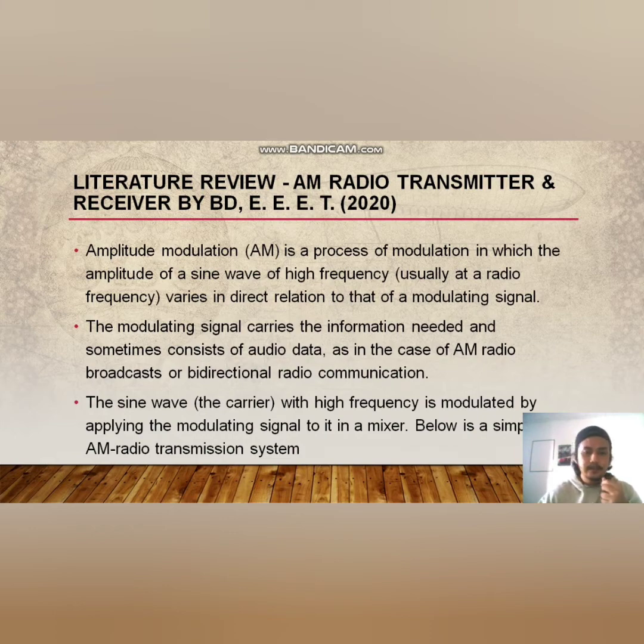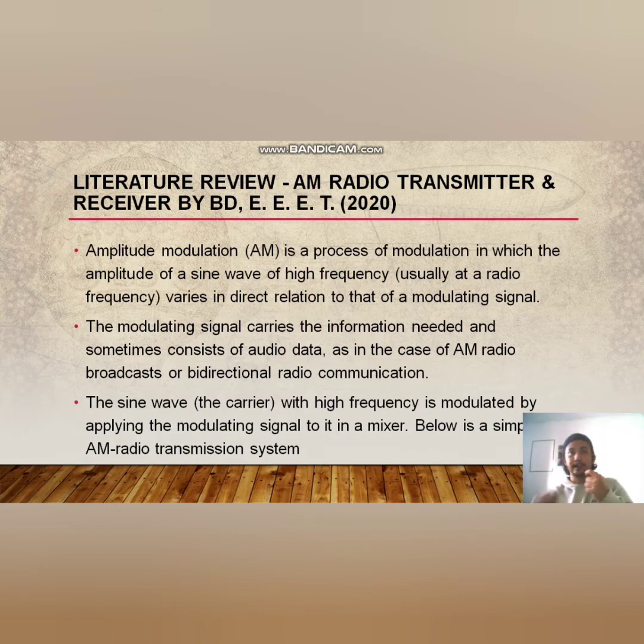The modulating signal carries the information needed and sometimes consists of audio data, as in the case of AM radio broadcast or bidirectional radio communication. The sine wave with the high frequency is modulated by applying the modulating signal to an in-phase mixer. Below is a simple AM radio transmission system.